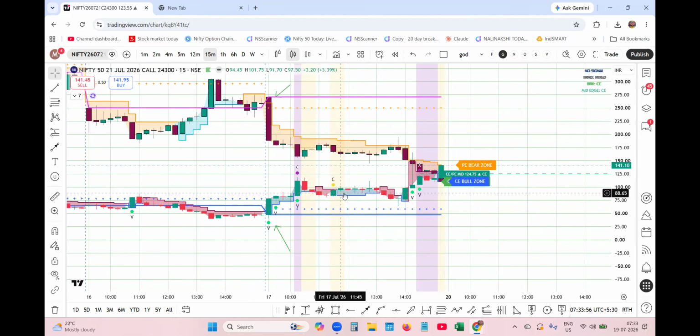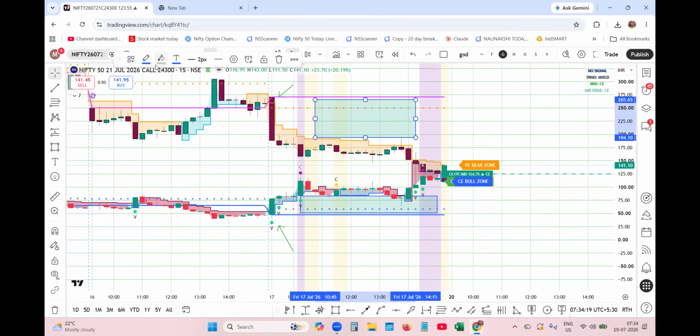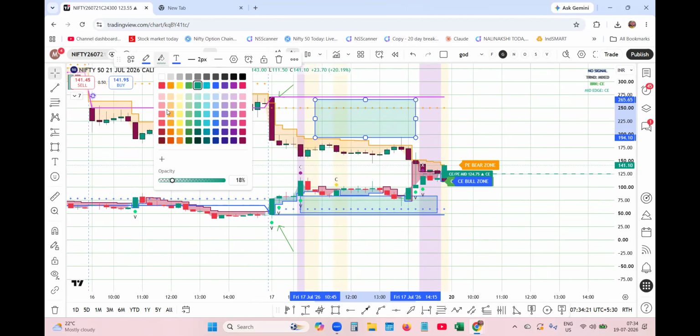Even though intermittent red colors are coming, you know that you are in a green zone for this call option. It is the green zone. And it is a red zone in the put option because put is coming down.